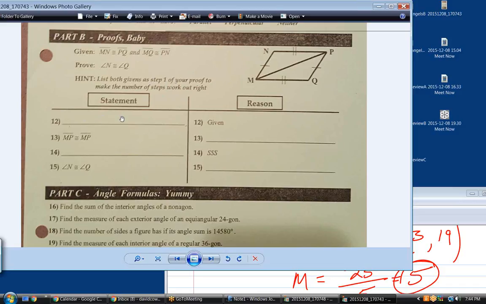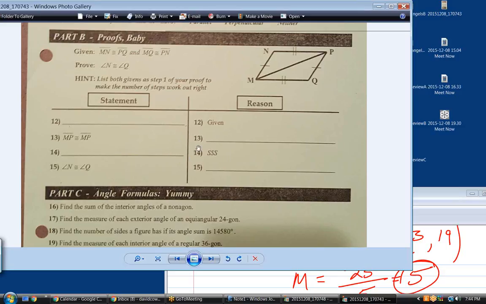So what goes here? MN is congruent to PQ, and MQ is congruent to PN. Okay. MP is congruent to itself. You remember which property that is? Reflexive. Very good.